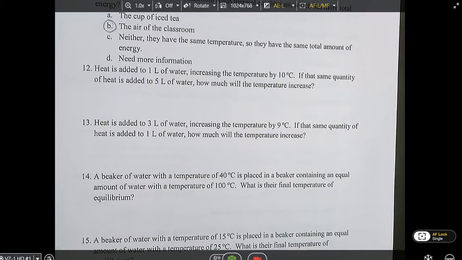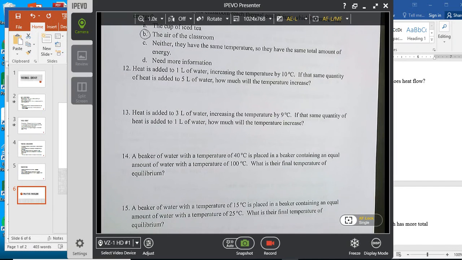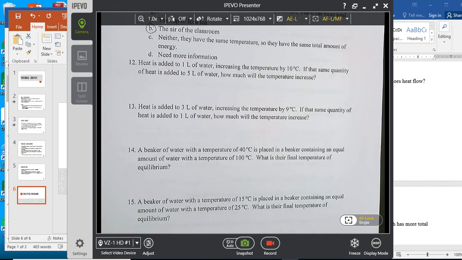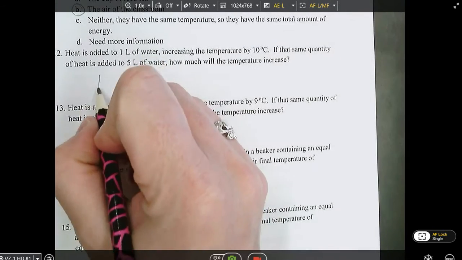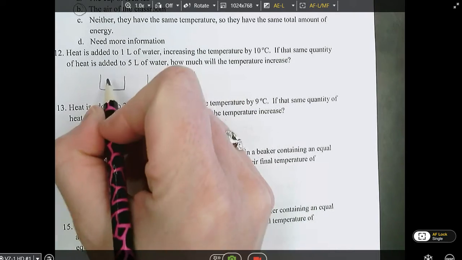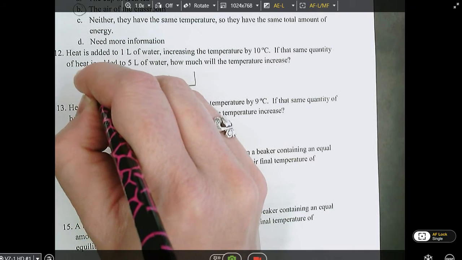Number 12: heat is added to 1 liter of water, increasing the temperature by 10 degrees Celsius. If that same quantity of heat is added to 5 liters of water, how much will the temperature increase? Take a minute and think about that while I pause the video. All right, the first thing I'm going to do is draw a quick sketch, because otherwise my brain has a hard time picturing what's going on.